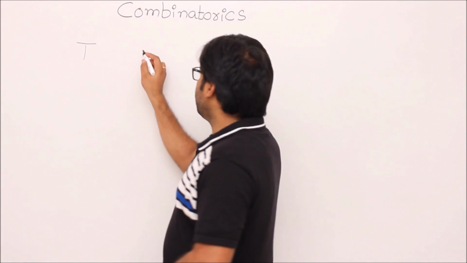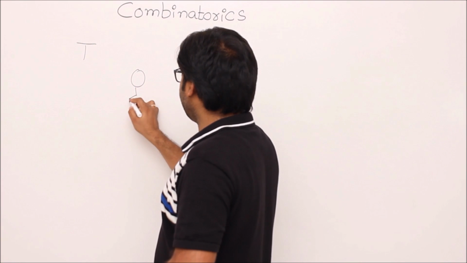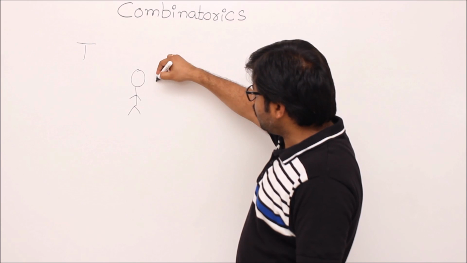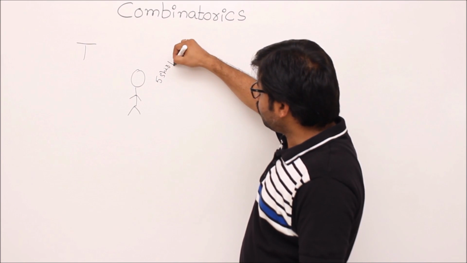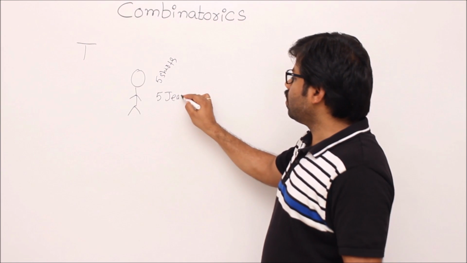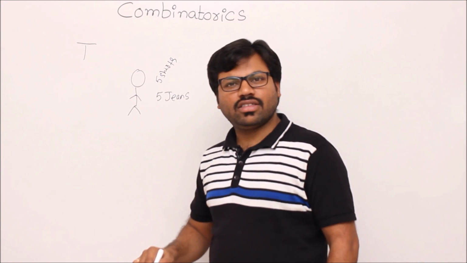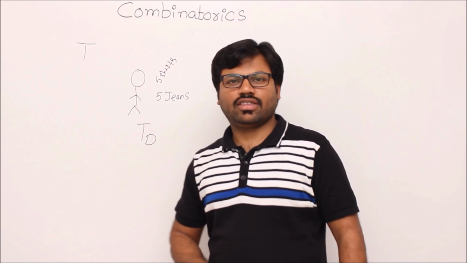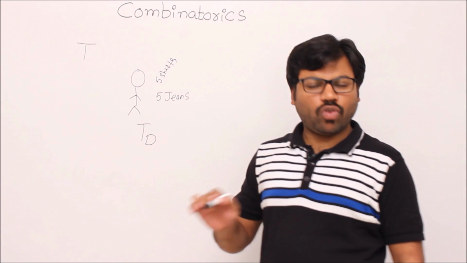Take an example of Raju. Raju has 5 shirts, let's say, and he has, let's say, 5 jeans. Now the question here is how many different ways he can wear a dress. But Raju knows how to wear one dress.